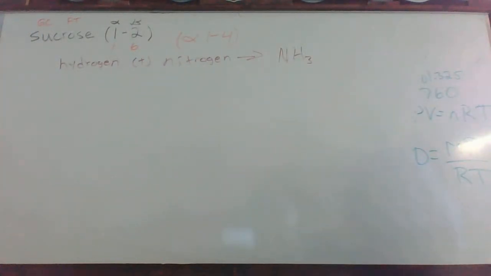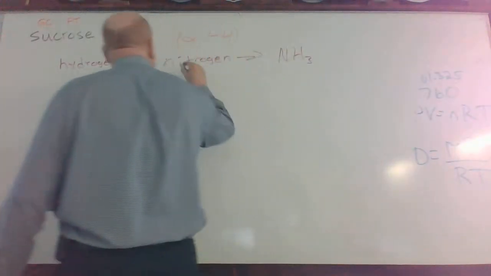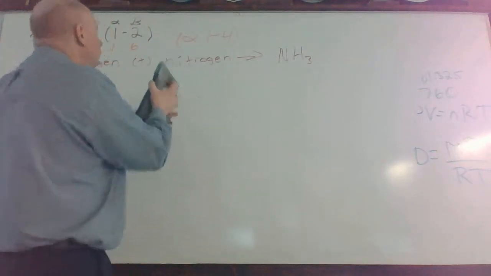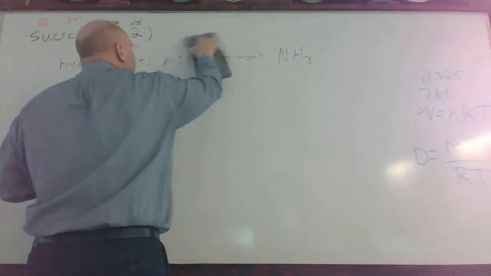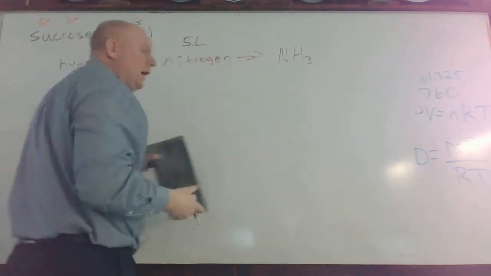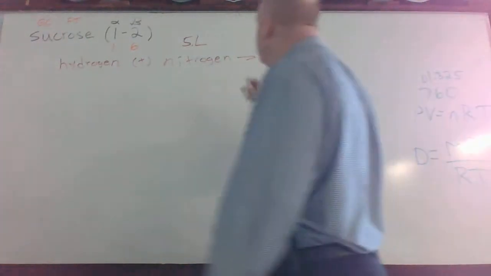If we have 5 liters of nitrogen, okay, so let's say we had 5.0 liters of that nitrogen, and the pressure is at 3 atmospheres and the temperature is 298 Kelvin.